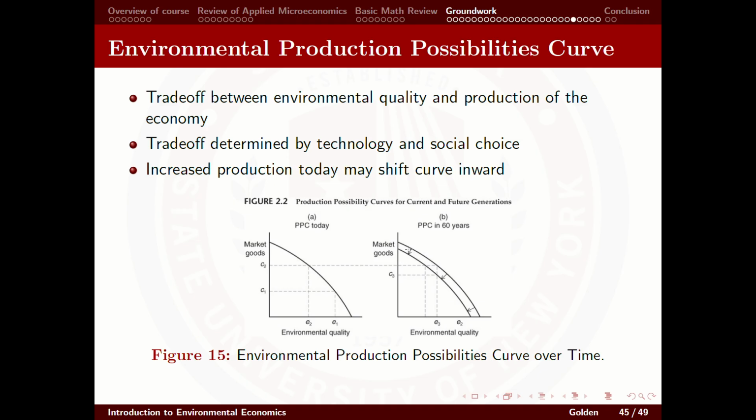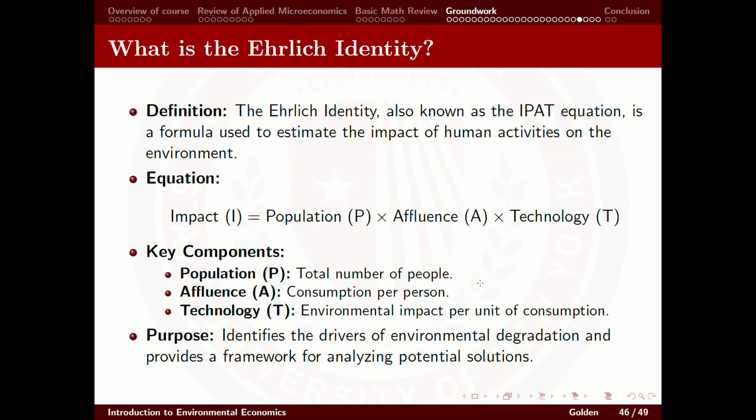But if we leave behind a worse environment, because environmental quality works like a capital good in some ways, you shift in the curve, and now they can get less environmental quality and fewer market goods. They don't have the same choice we do, because we've shifted in the production possibility curve. We want to shift this out.